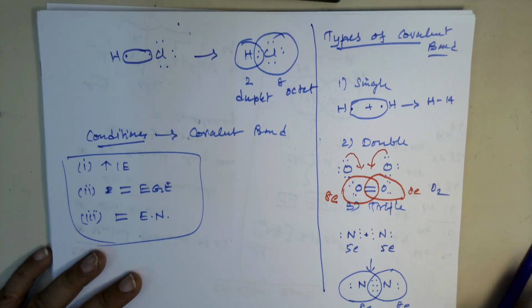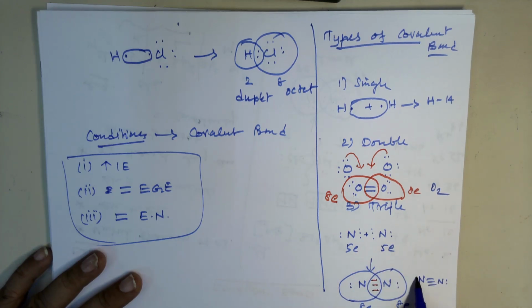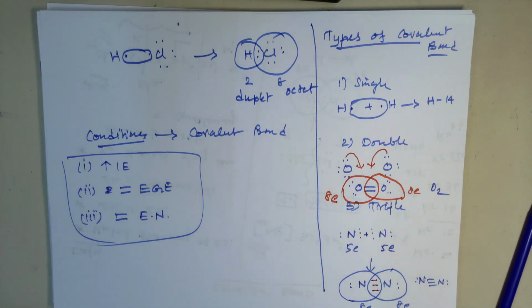So they achieve a triple bond, 1, 2, 3. It is represented as N triple bond N with a pair of electrons on both sides, the lone pair of electrons, also called non-bonding electrons.